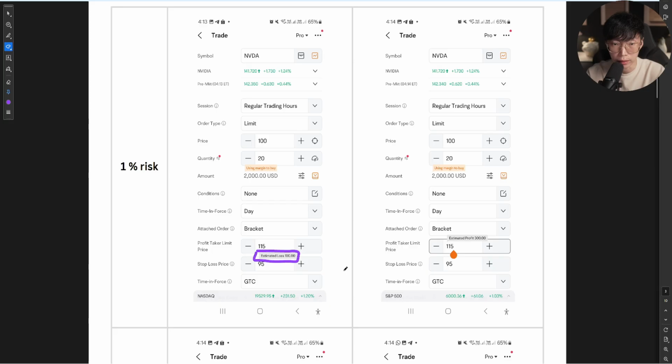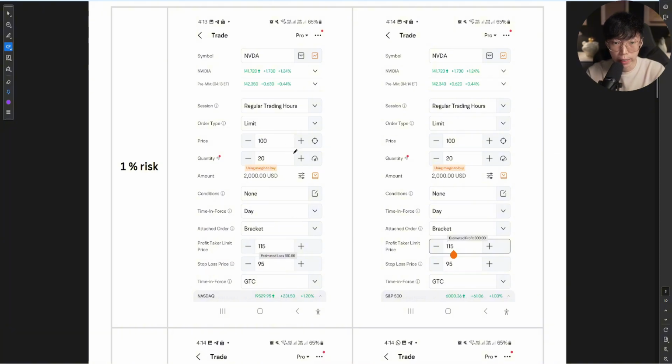From here, you can see that I entered a quantity of 20, and the estimated loss is $100, which is equivalent to 1% of your account, which also means you are risking $100 for that trade. So if NVIDIA drops from $100 all the way down to $95, you are going to lose 1% of your account, which equals $100.